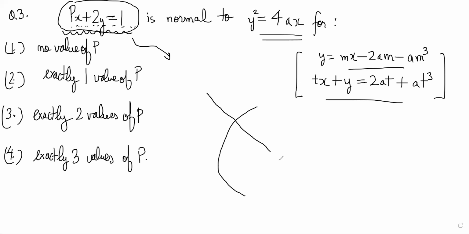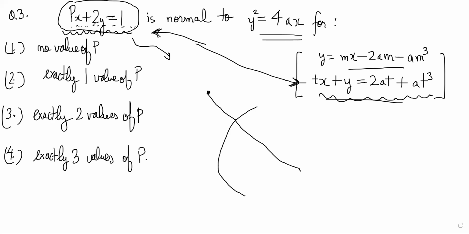If the line is like this, maybe it is normal here. So can we find a random point on the line? If we find a point on the line, we can put it in this normal equation, right? Yeah. Because if this equation is supposed to be the same, they are supposed to be matching equations, right? Yeah. Why am I thinking of putting a point on the line in this?